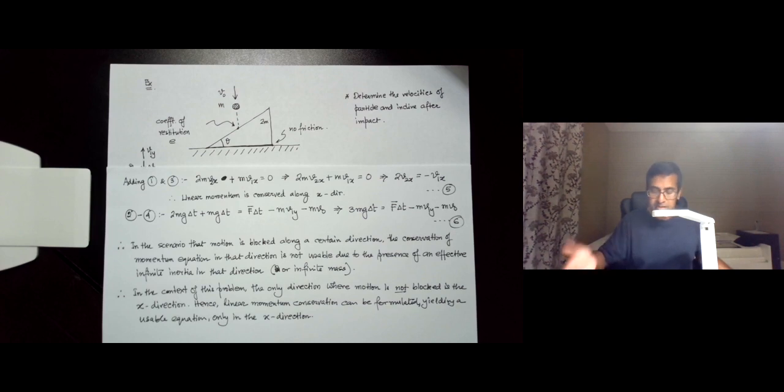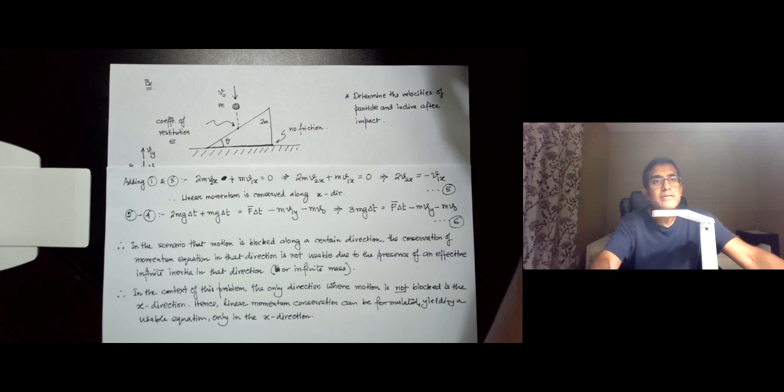Our analysis showed that the conservation of linear momentum equation can only be written in collision problems along the direction where there is no restriction, no blockage in the motion. So in future videos, we will invoke the coefficient of restitution equation and other equations as needed, solve the problem, and find the velocities immediately after the impact. So that's it.